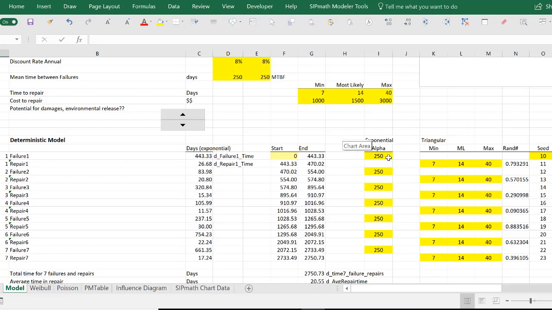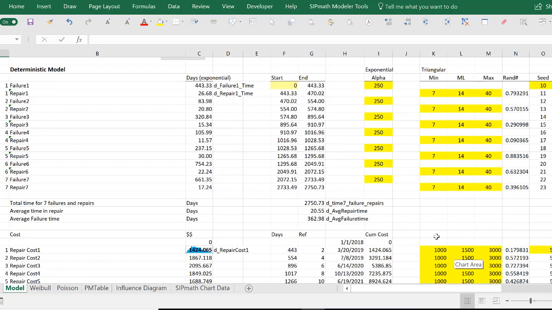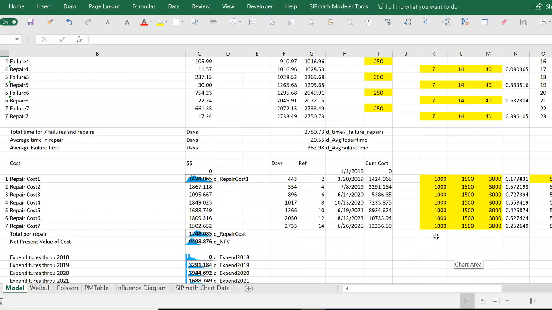So I have my exponential distribution, and then I have the triangulars coming down here. Coming down a little bit further, we can see the cost to repair as a triangular distribution. We can get the total cost to repair.